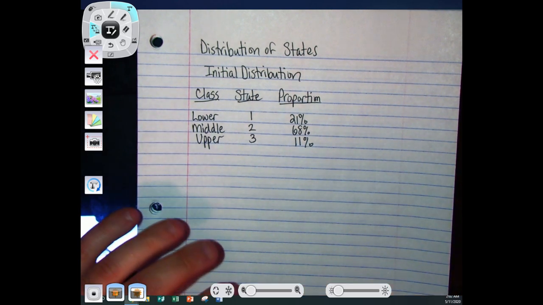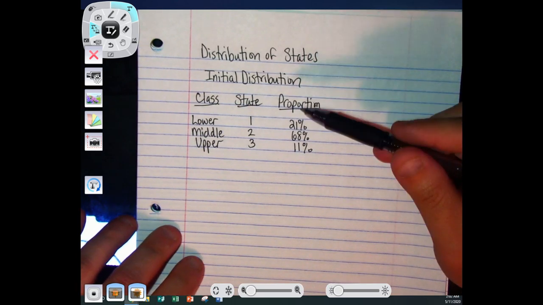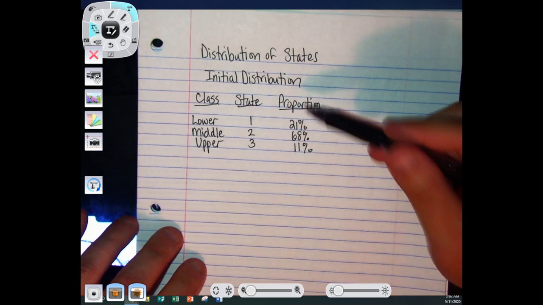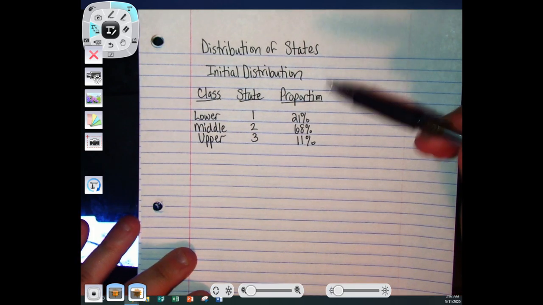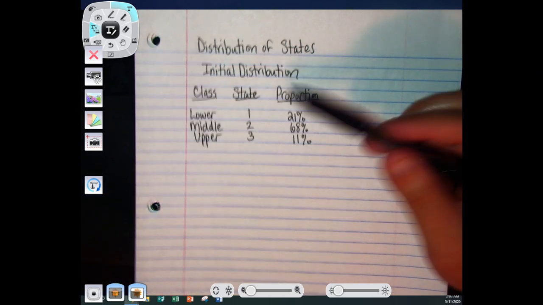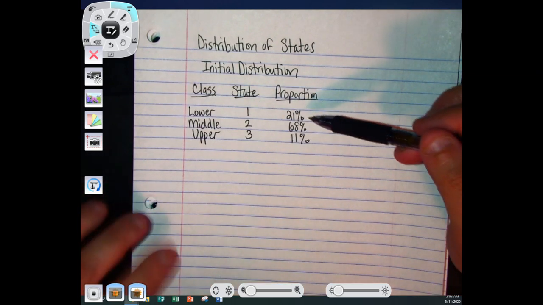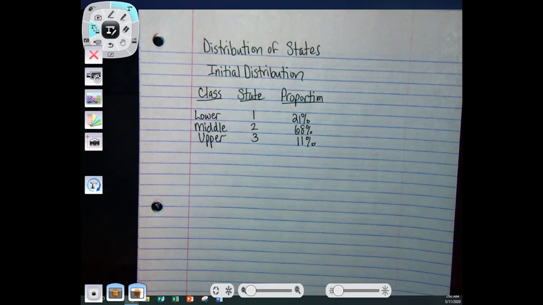Now we're going to look at what happens if we already know the proportion of the population that is in each class. For example, the proportion of the population that is lower class is 21%, the proportion that is middle class is 68%, and the proportion of the upper class is 11%.